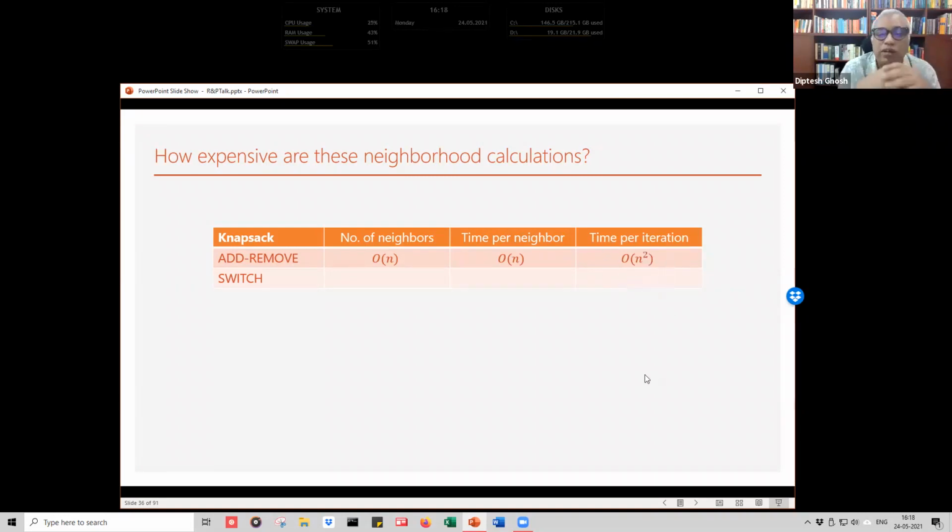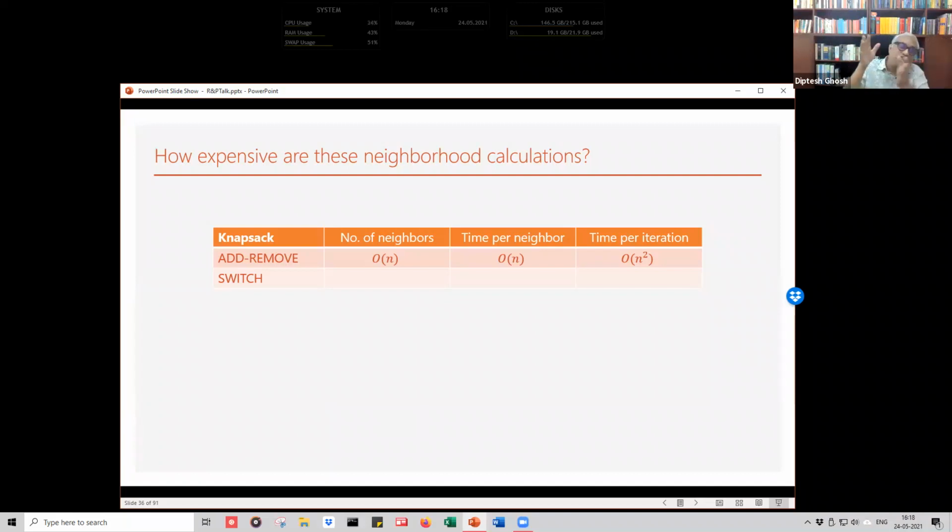But usually when you're implementing these kinds of local search algorithms, you try tricks which will reduce this time. Once you reduce this time, the total amount of time for a local search iteration will reduce. So given a particular amount of time, you can do more iterations and reasonably get better solutions. So if you look at an add remove neighbor, how were we figuring out a neighbor? We were either taking one element and throwing it out of the knapsack, or taking one element outside the knapsack and putting it in.